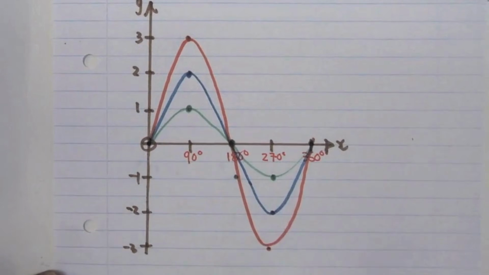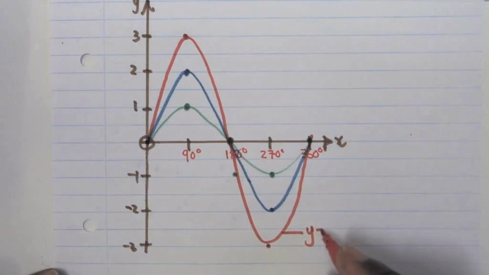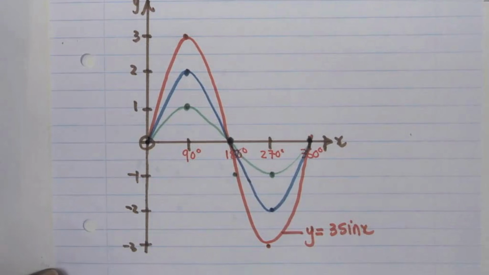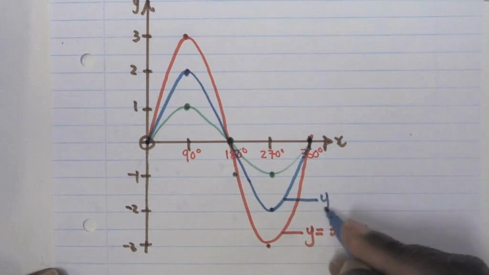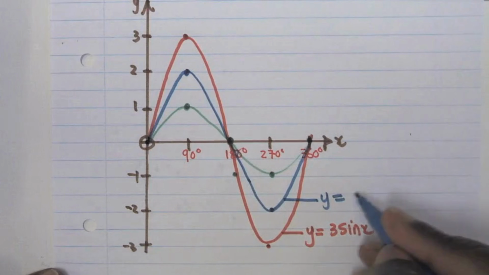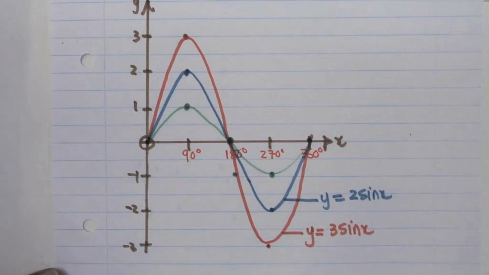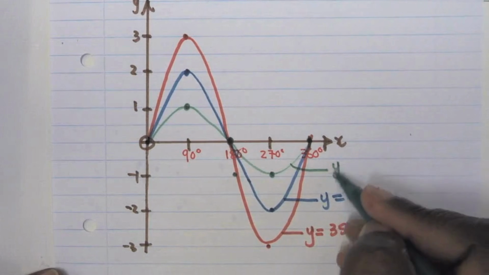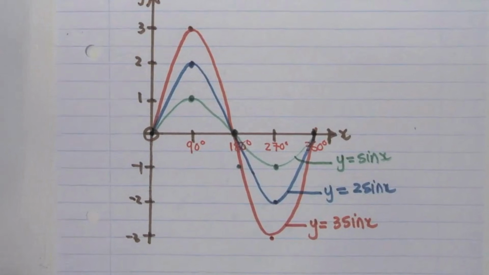And then I can label this graph here as y is equal to 3 sine x. And then this one here, it's y is equal to 2 sine x. And then this one here, it's y is equal to sine x.